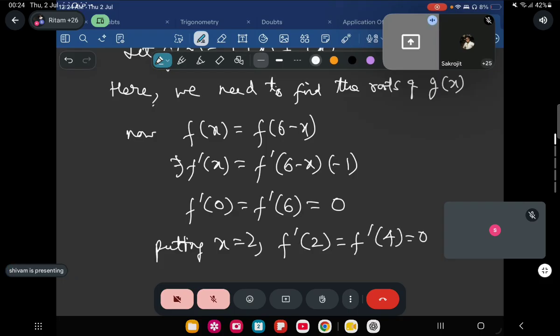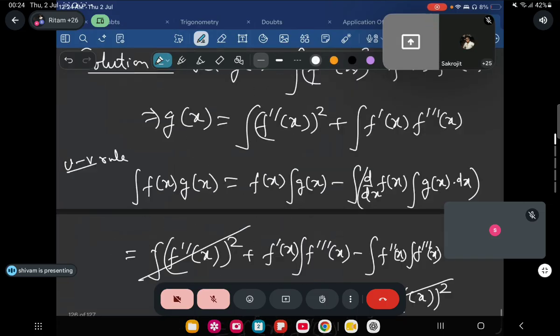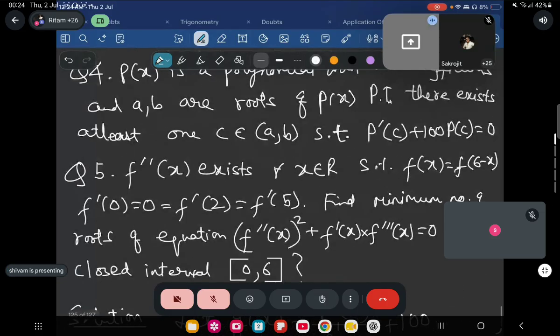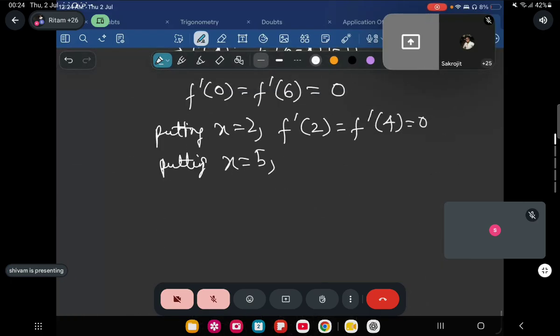Next, putting x equal to 5, f dash at 5 is equal to f dash at 1 is equal to 0.